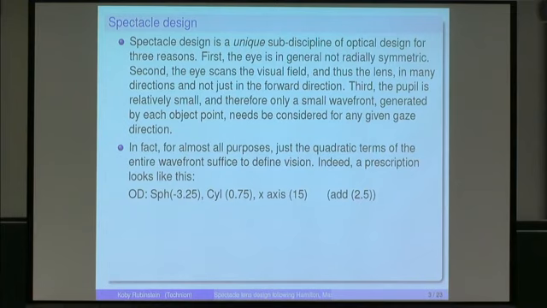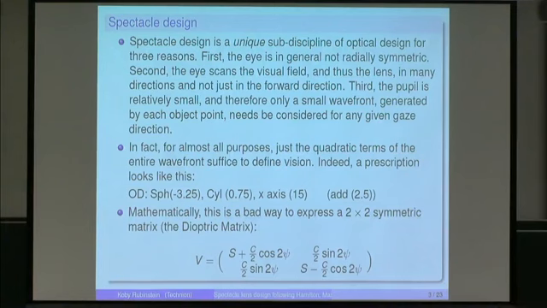So a typical design, now how do I operate this? Oops. So a typical design consists of three numbers: sphere, cylinder, and axis. This is really a bad way to write down a 2x2 symmetric matrix.